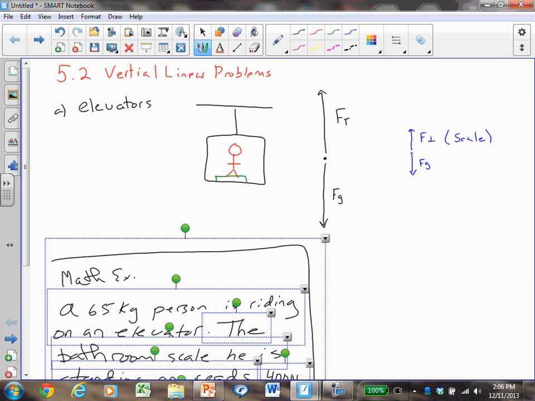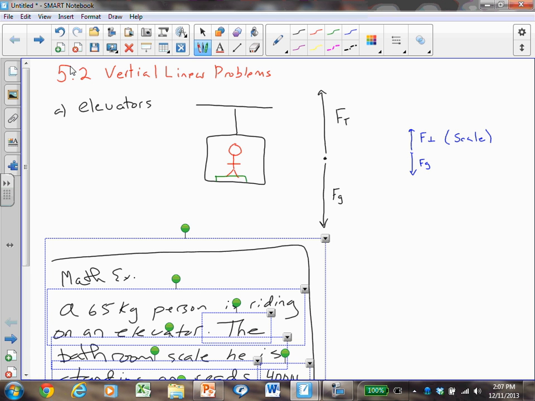Then I would begin to pull the sled quickly, and she would stay in place. Her inertia would keep her there, and the sled would move along and slide up until the back of the sled would catch her, and the whole thing would move together. So the elevator car starts moving up, and it takes the person up. It's a normal force provided by the floor, which we can measure with a bathroom scale.